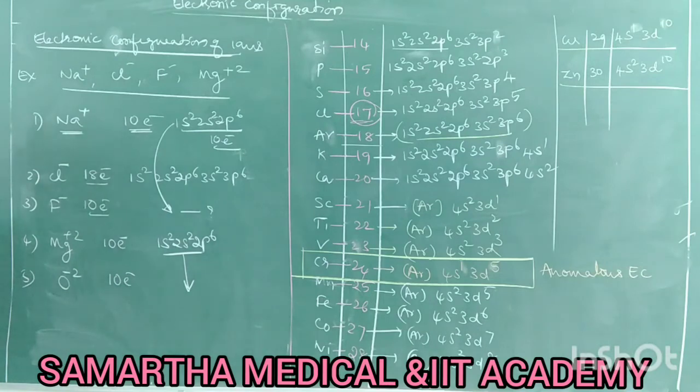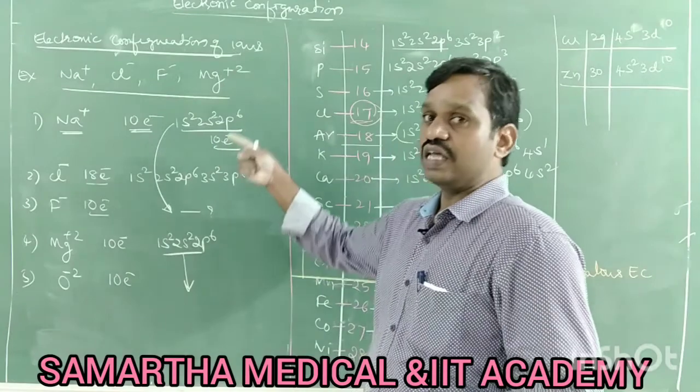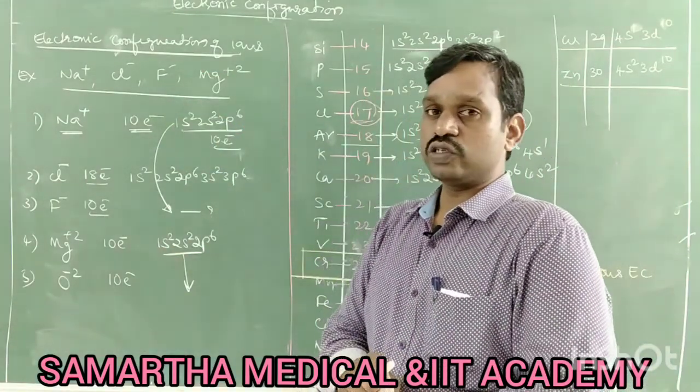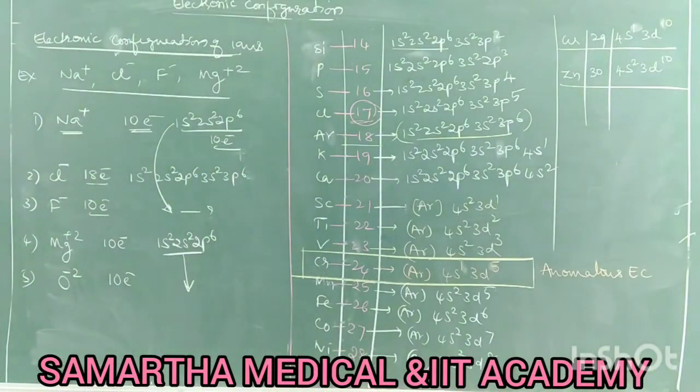Like that, you can write the electronic configuration of ions. To write the electronic configuration of ions, we need to first calculate the number of electrons in the ion, then write the electronic configuration. This is how we can write the electronic configuration of atoms as well as ions.